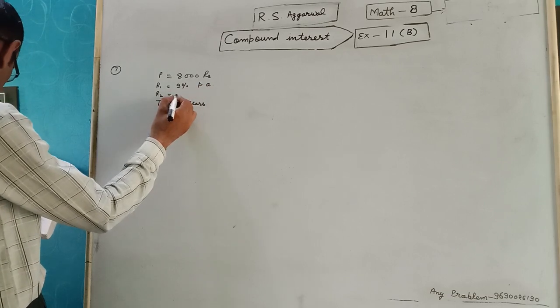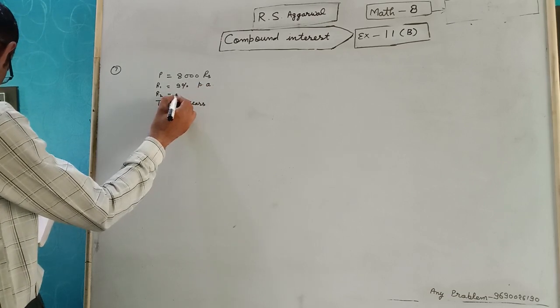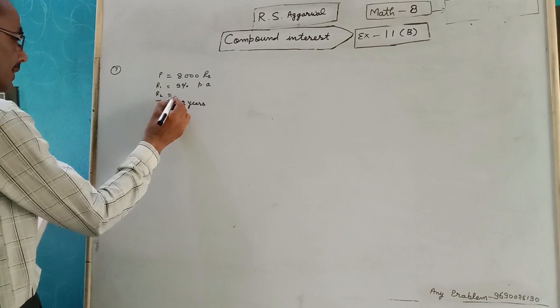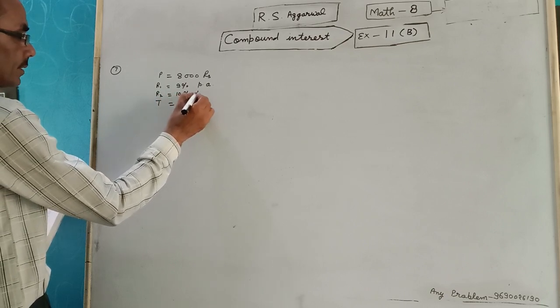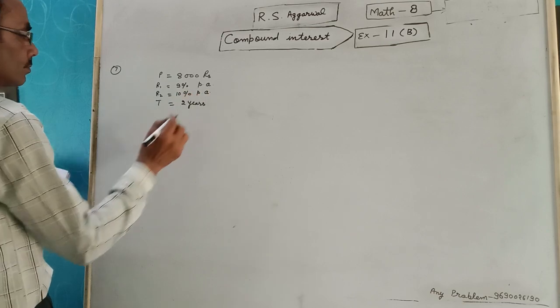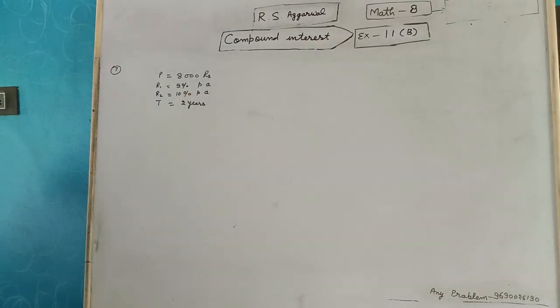Second is 10%. R1 and R2, the rates of interest, are given in two parts.